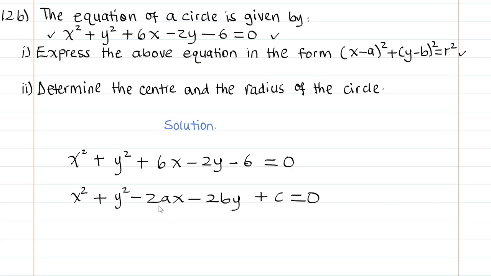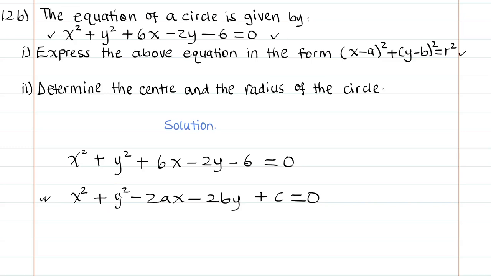There is another format of expressing the general expanded form of the equation of a circle. You need to choose one and familiarize yourself with it, but the simplest is what I've written here. So this is the general form of the expanded equation of a circle.